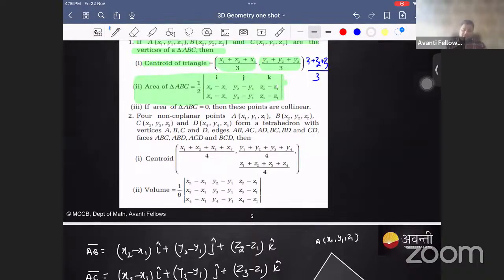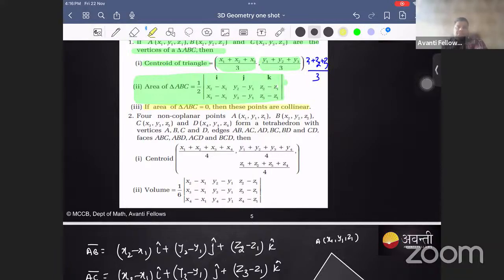All right. Now, if the area of the triangle goes 0, these points are called collinear points, which is very much obvious. Yes or no?